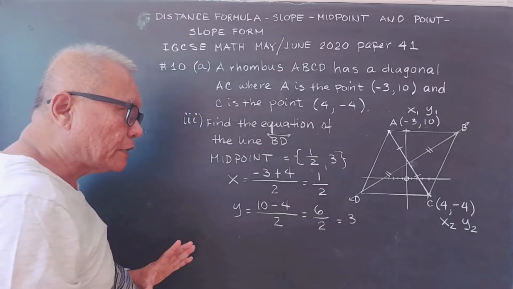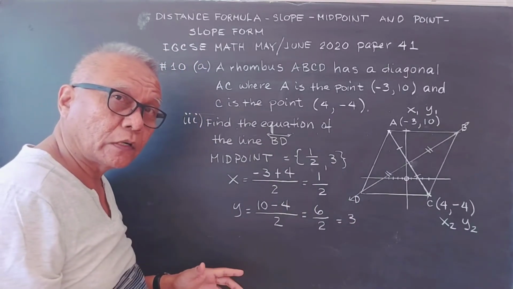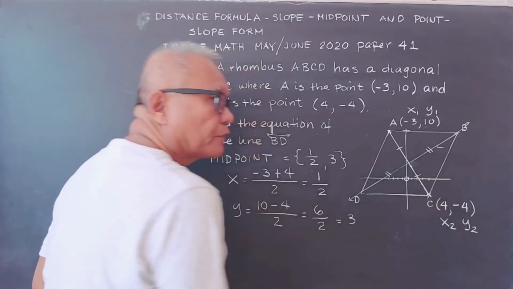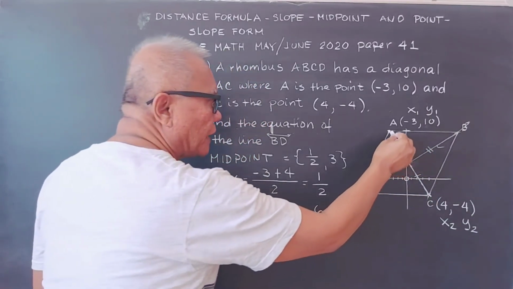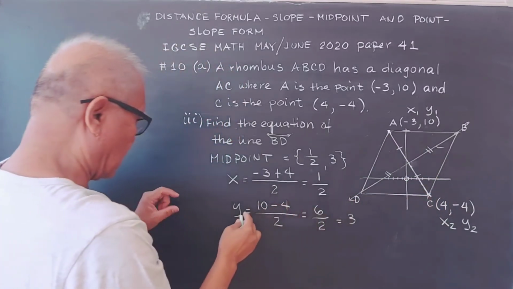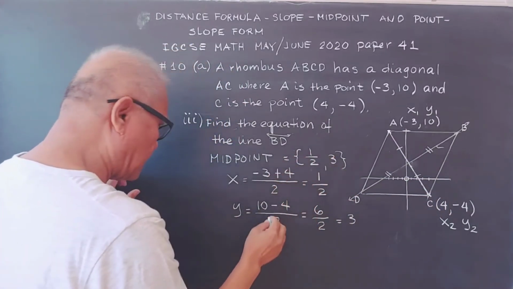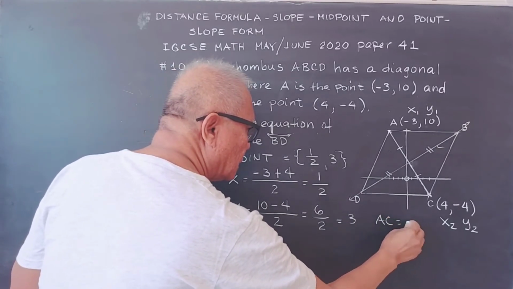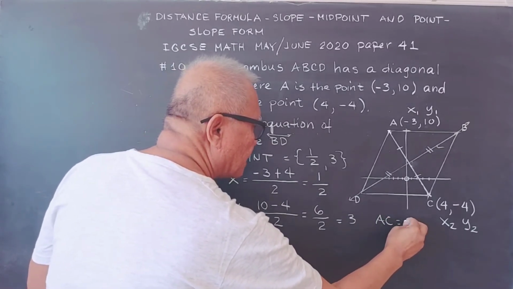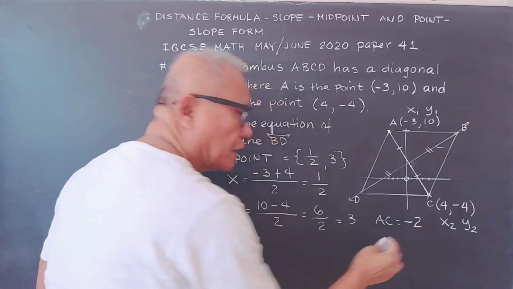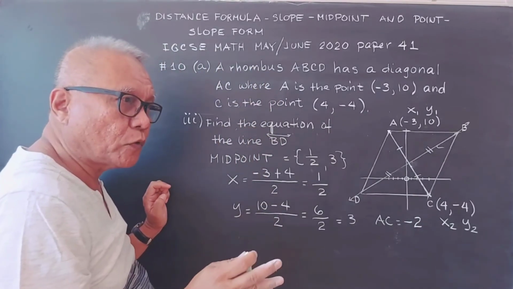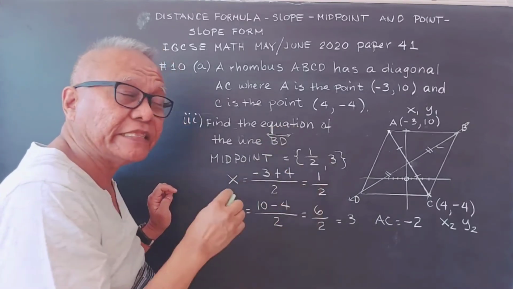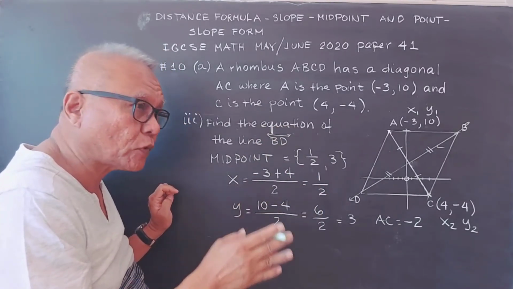Now after that one, we need the slope. Now what is the slope of this line? The slope of AC, okay, we solved that one, and the slope of AC is negative 2. The slope of the perpendicular line with that line is the negative reciprocal.